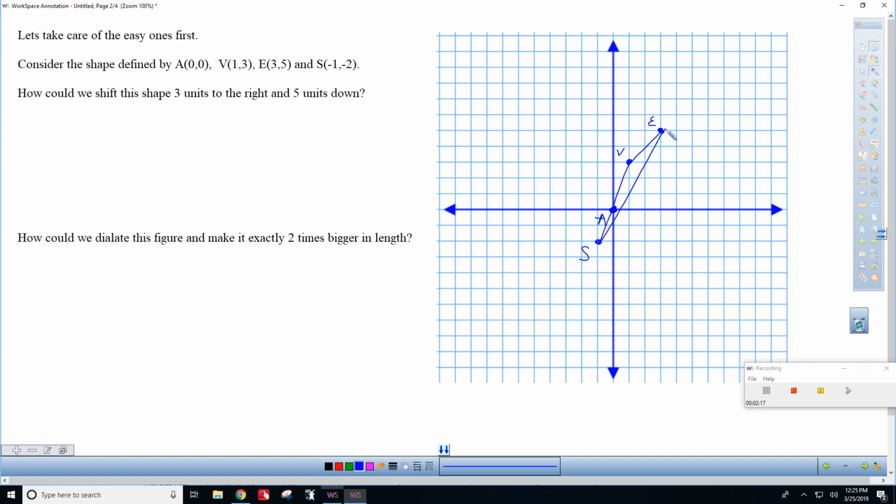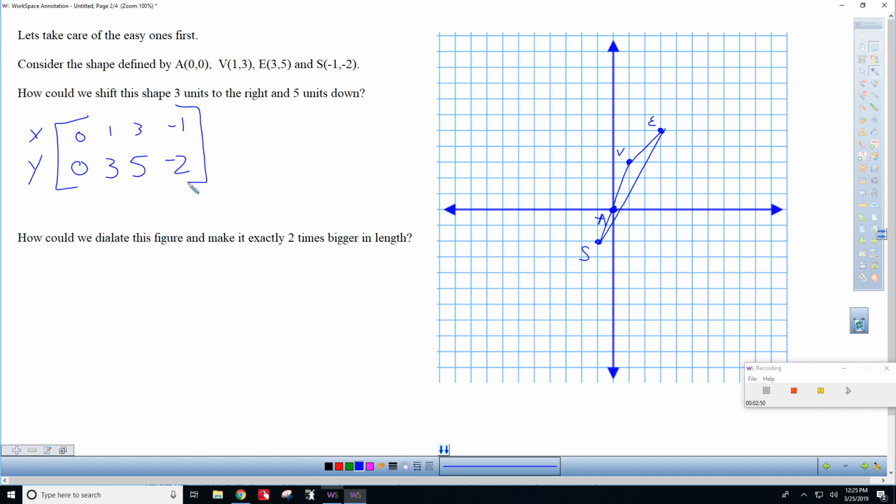So how would we shift this shape 3 units to the right and 5 units down? Well, here's how you would do it with matrices. Assume this matrix to be x here and y there. And we have the points 0, 0, 1, 3, 3, 5, and -1, -2.